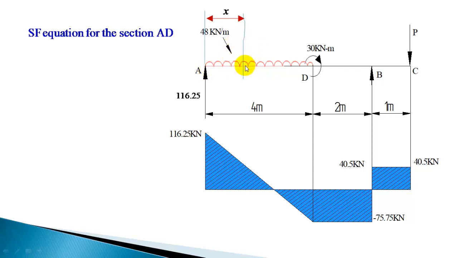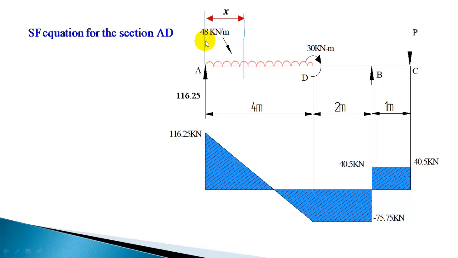Let us consider a section at a distance x meter in the portion AD where the shear force is coming to 0. Now when we consider the forces on the left side of that section, you have two forces: 116.25 and this portion of the UDL. The UDL is 48 kilonewton per meter.